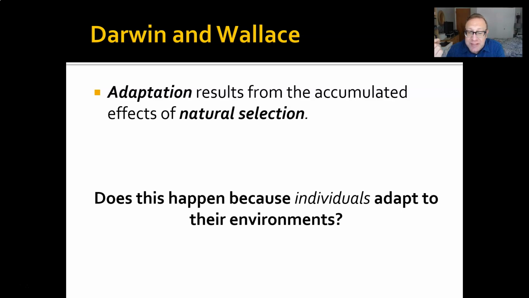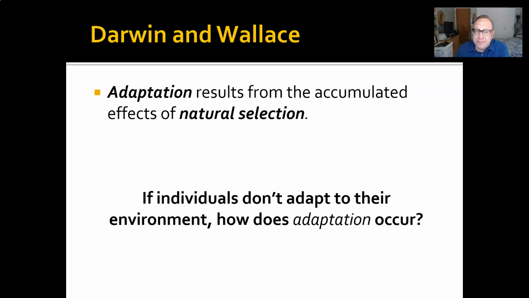Does this happen because individuals adapt to their environments? Remember, the key word here is individuals. Do the individuals adapt? If individuals don't adapt to their environment, how does adaptation actually occur?